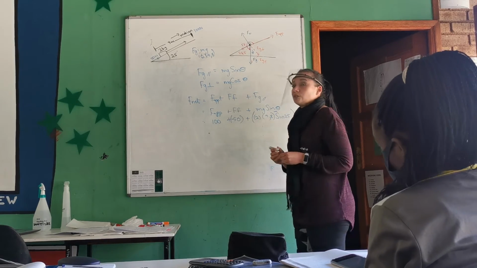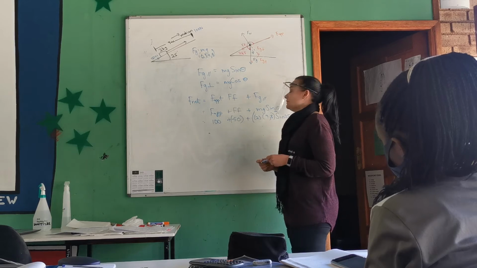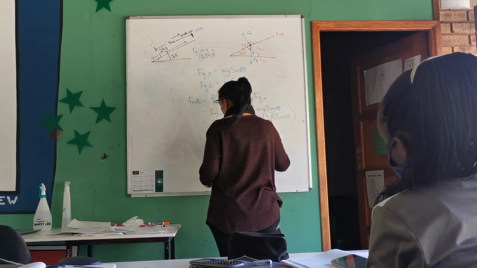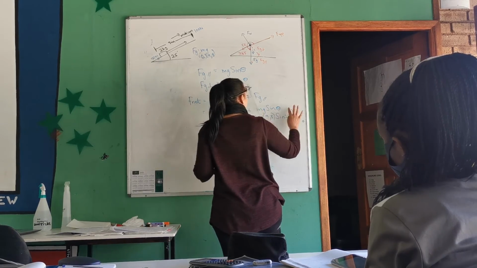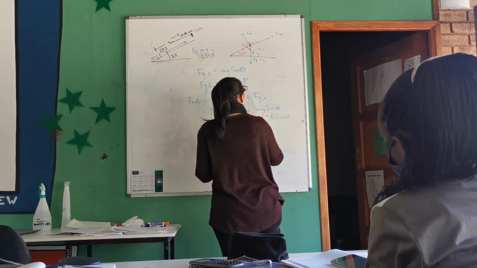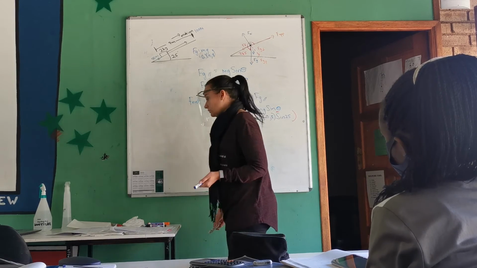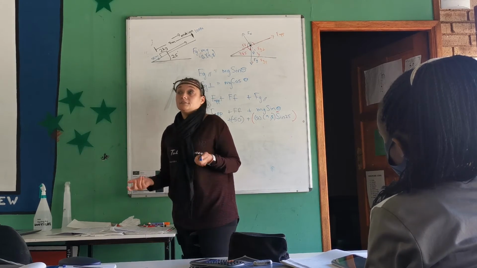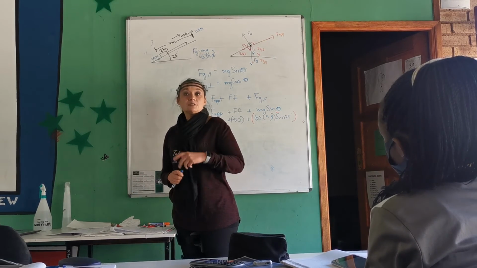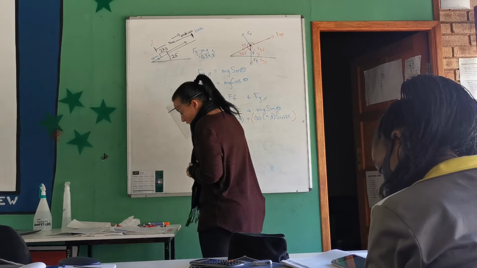We must also note that that is going to be a negative value, because the force applied by the component of Fg is in a different direction to the actual direction of motion.